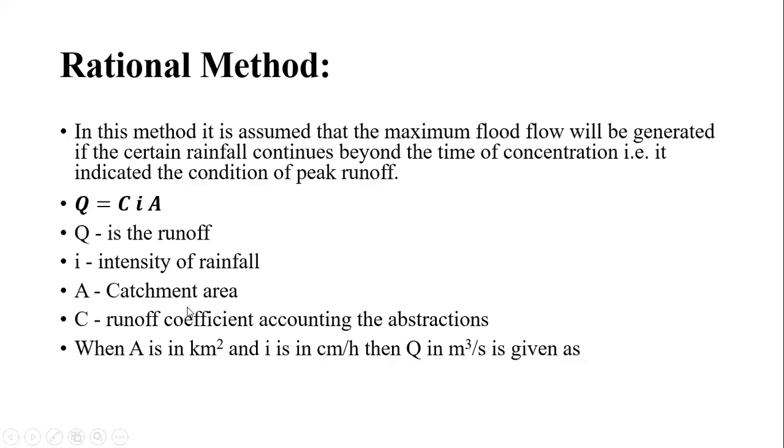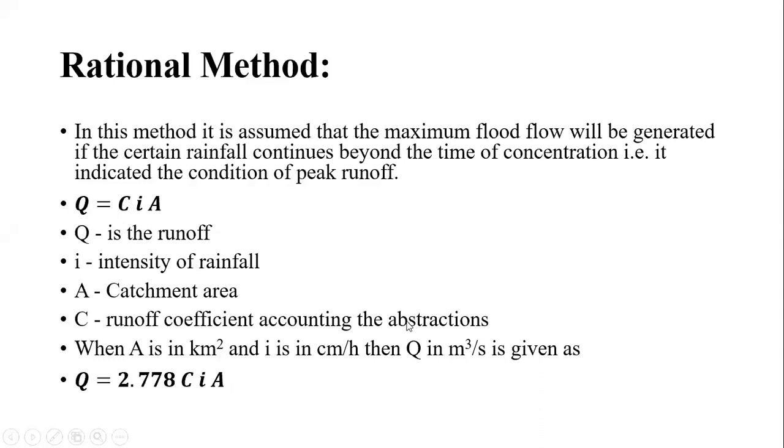So by arranging the terms, we get the equation Q is equals to 2.778 times CIA. C is the coefficient of runoff or flood, which is accounting for the various obstructions, and for various regions, various locations, the magnitude of C will be different. Why different? Because it accounts for the obstructions.